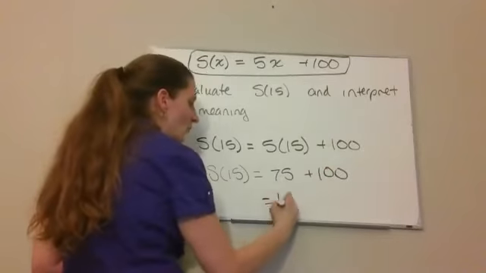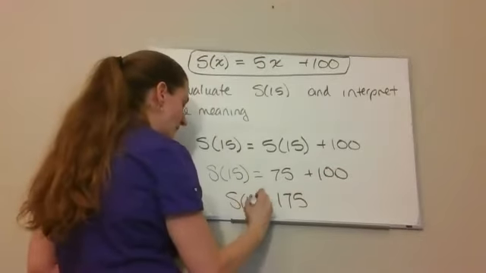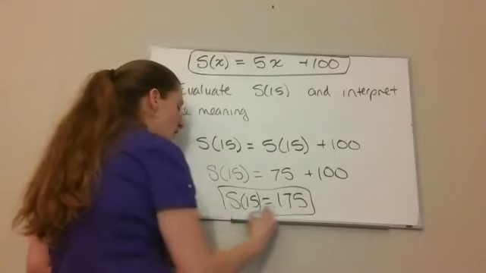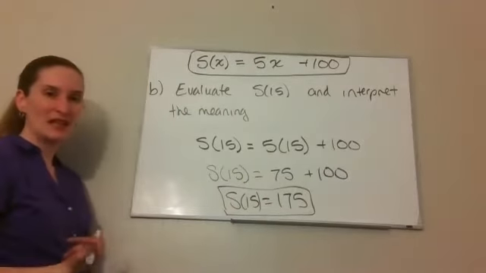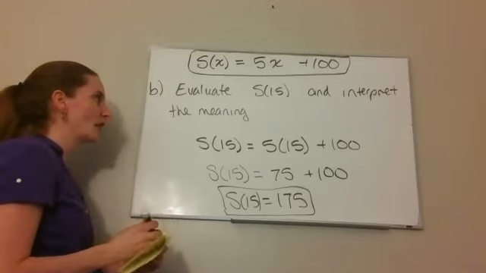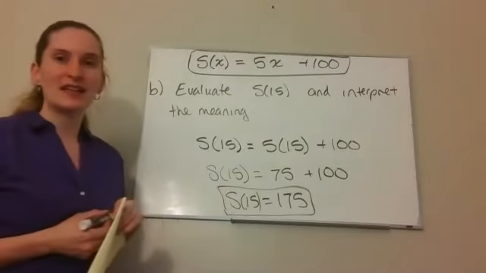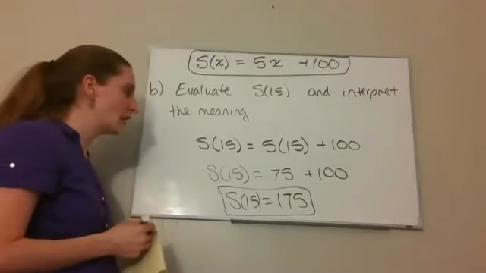And so I get 175 as S of 15. Now the question is, what does this mean? And what this means is that a person who's going 15 miles per hour above the speed limit is going to get a ticket of $175.